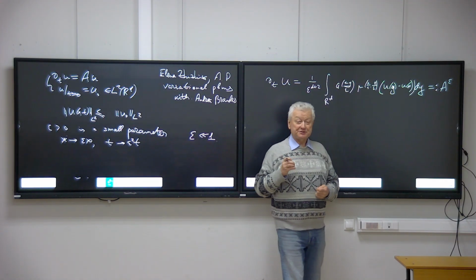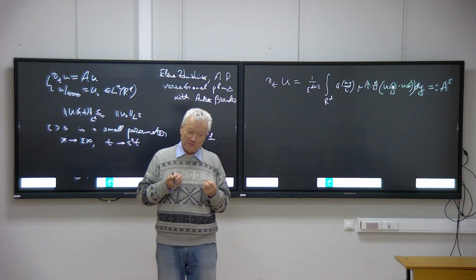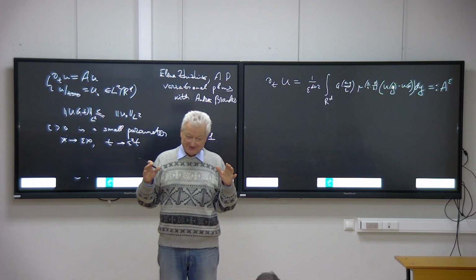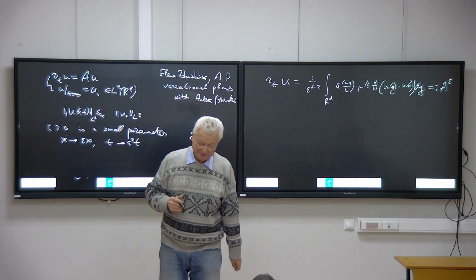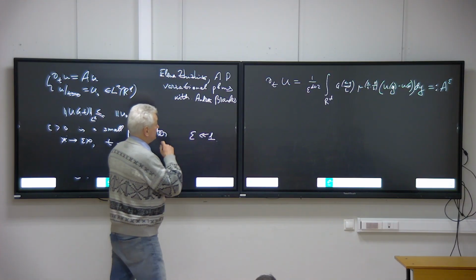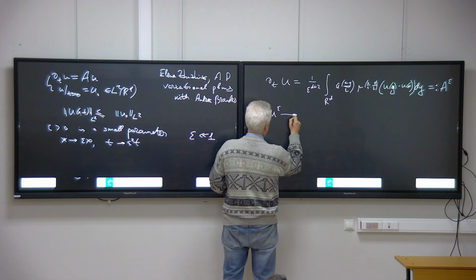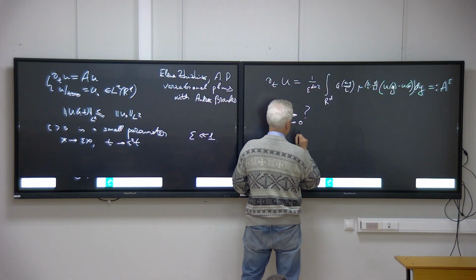That's why it's not equivalent to the central limit theorem. It's a weaker form of the central limit theorem because we keep the initial function unchanged. We do not scale it together with the operator. And the question is, what happens to u epsilon as epsilon goes to 0.